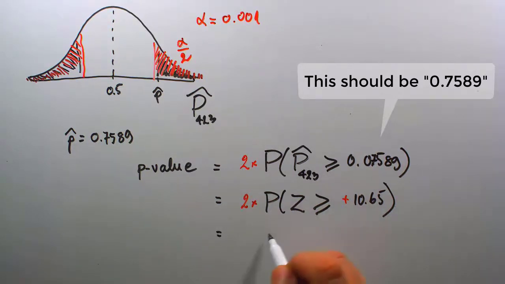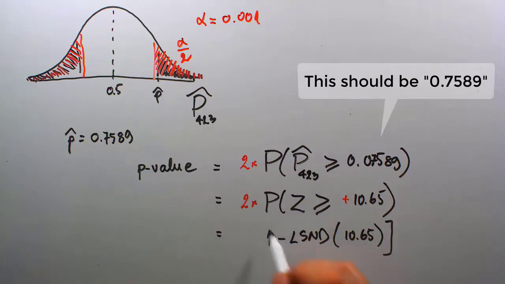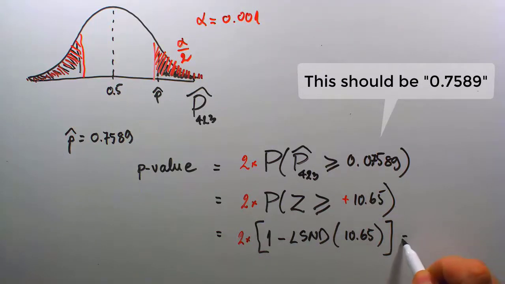We were doing 1 minus the answer from the program at given z-score positive 10.65. But then this one-tail p-value must be doubled to ensure that this is the final p-value for a two-tail test. And our total two-tail p-value was at the end 0.0000.